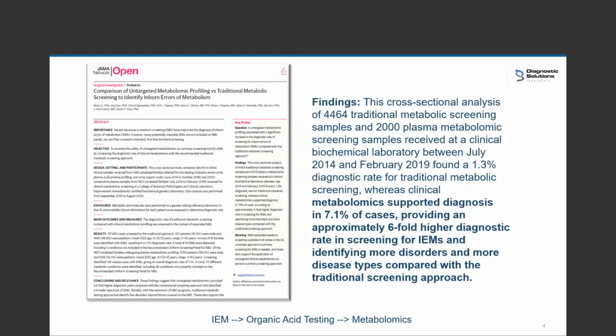Getting back to inborn errors of metabolism, this study was done in 2019, and they found that when they used traditional metabolic screening assessment, they had a pretty low 1.3 identification. But when they used diagnostics with metabolomics, it increased sixfold, and they found some new ones. So even there, it can work.